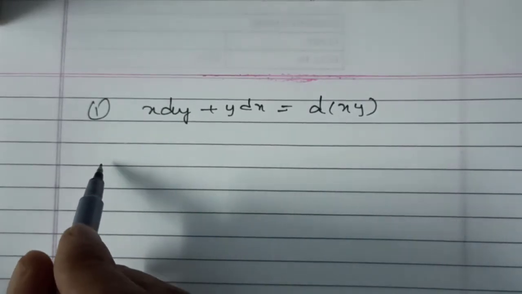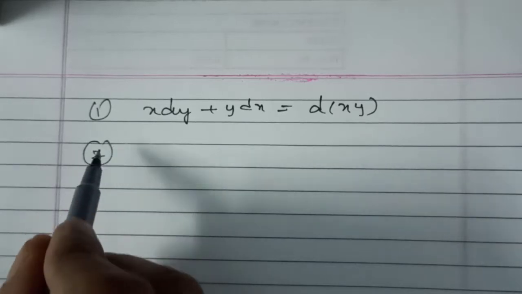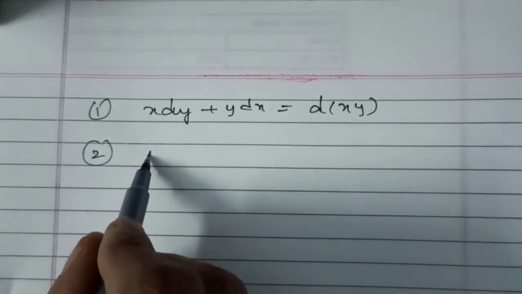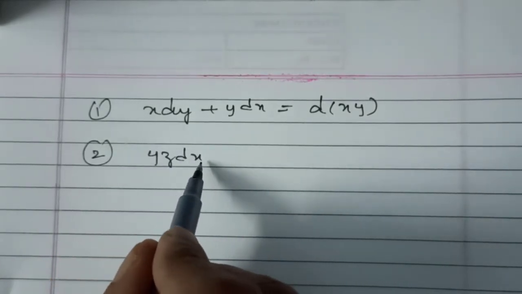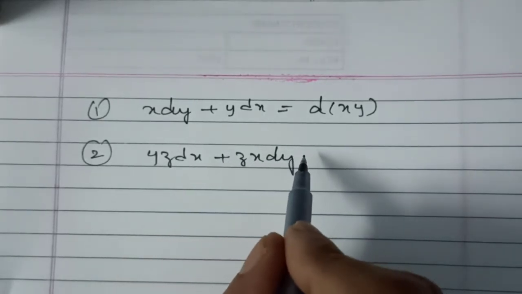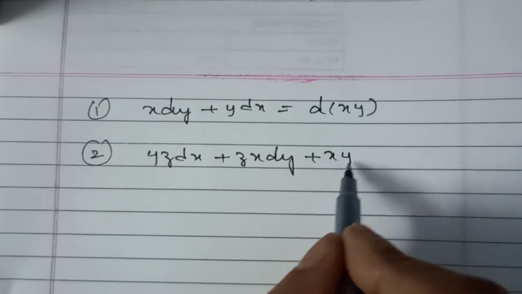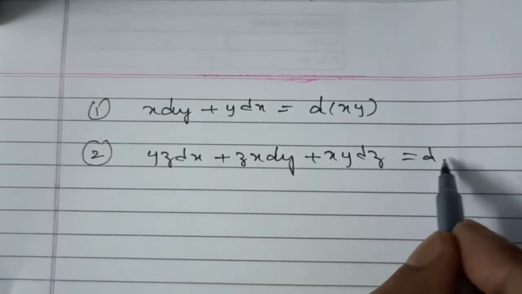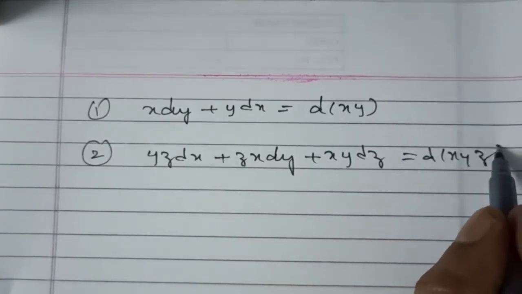So similarly, yz dx plus zx dy plus xy dz is equal to d of xyz.